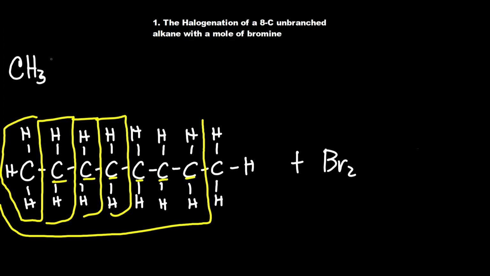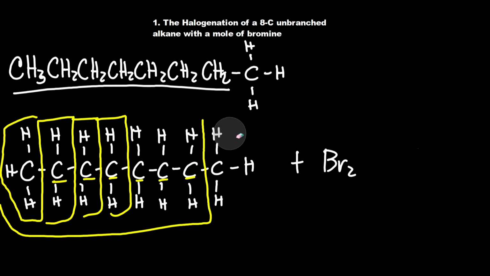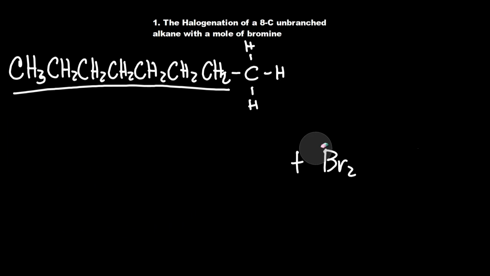Wait, this should be 3. So this should be CH2 6 times. Now this is the condensed structural formula for this one. We just put it this way so that we don't have to draw the structural formula again every time.